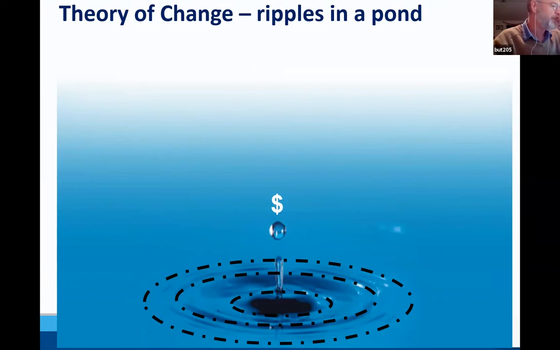So without further ado, going half a step back into what Justine was talking about last week. This is the analogy of a project, an intervention, an initiative, as a drop in a pond of water, and it has ripple effects.